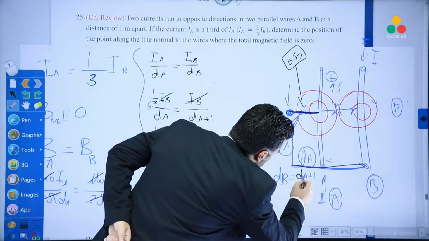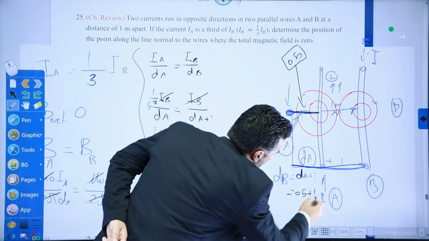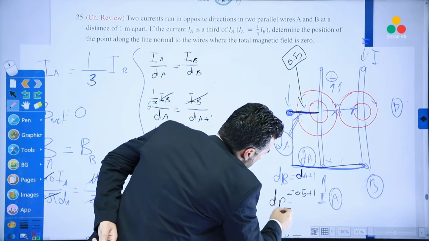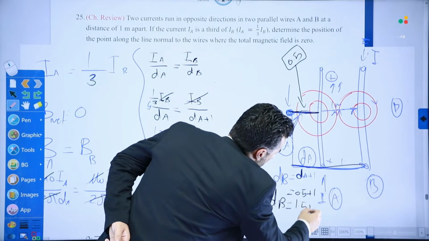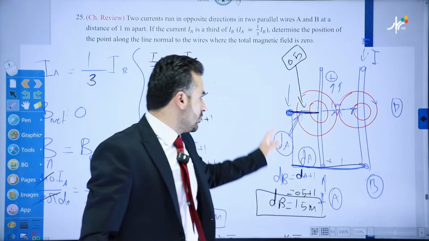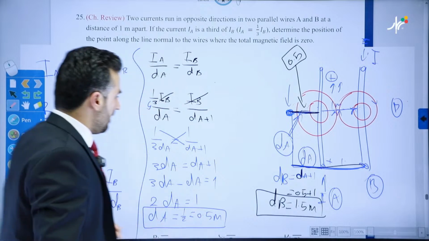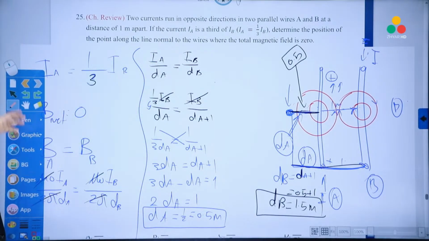We're using dA plus 1. So dA was 0.5 plus 1. So now dB here equals 1.5 meter. And that is the distance from the second wire all the way to that point. Okay, all right, so that is how we can solve this question, by the way.